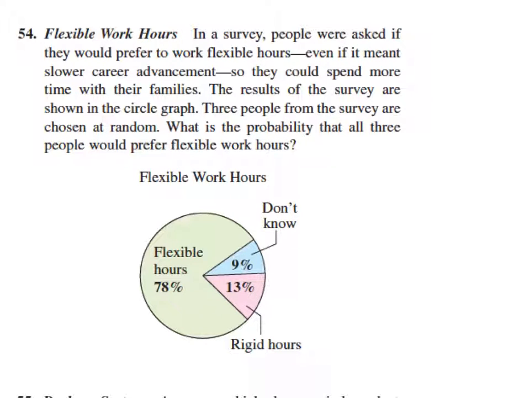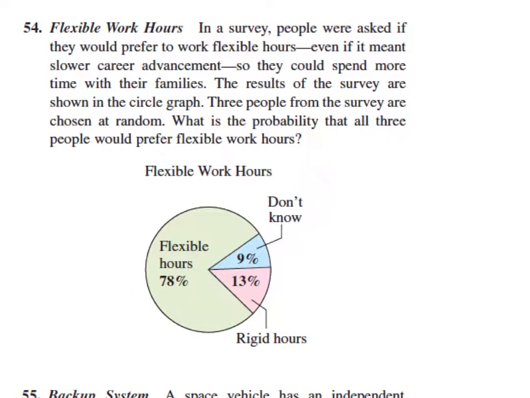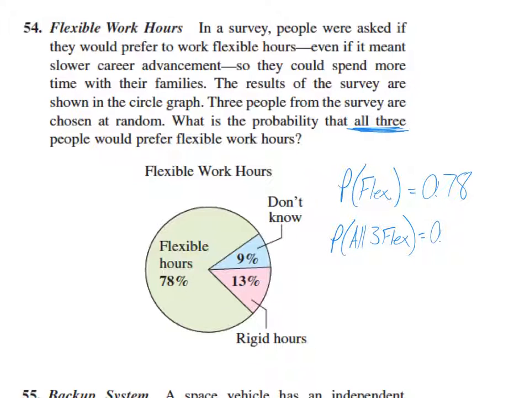So the probability that someone wanted flexible hours was 0.78. Again, we have all 3, so we don't need the binomial probability theorem. So it's simply 0.78 to the third power. And what did you get? 47.5%.